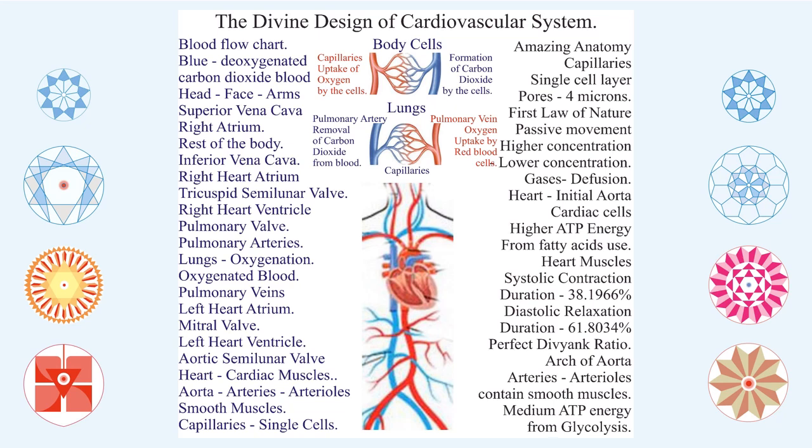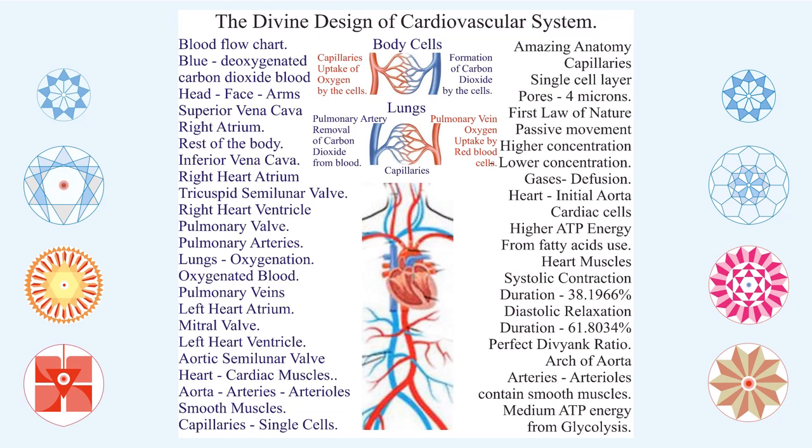When concentration is more, from there to the other side, it flows automatically without any pressure, and that's what happens in capillaries. Single layer, anything up to 4 micron size can pass through. Anything more than 4 micron size cannot pass through the capillaries, is the first thing which I want everybody to understand. Second thing, gaseous diffusion.